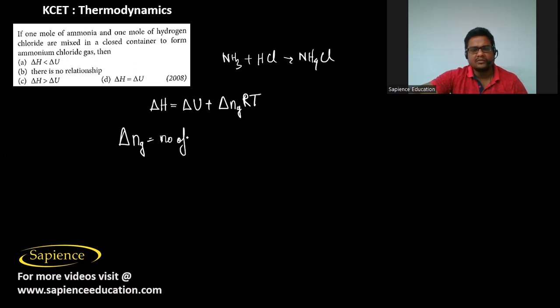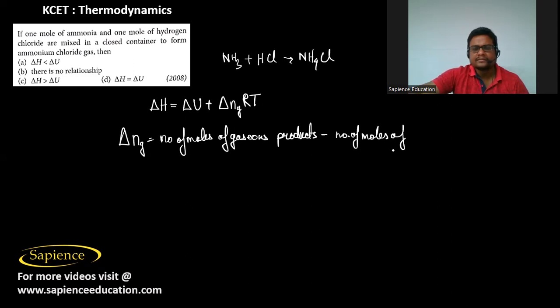Only gases we have to use. Number of moles of gaseous products minus the number of moles of the gaseous reactants. So that will be equal to, so here 1 mole of gaseous product has been formed.